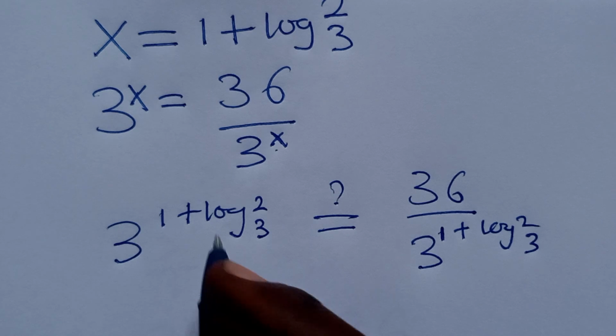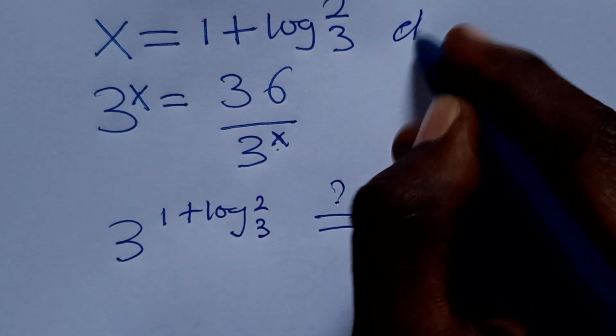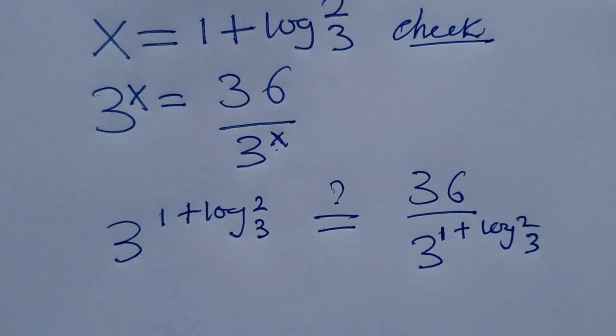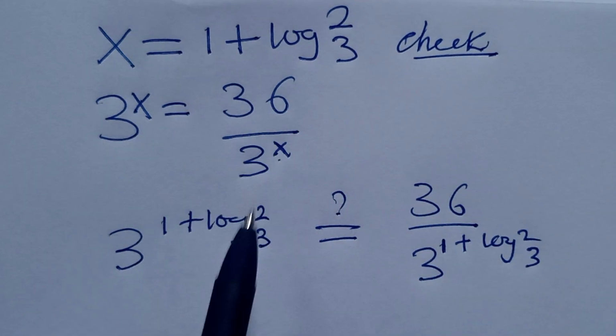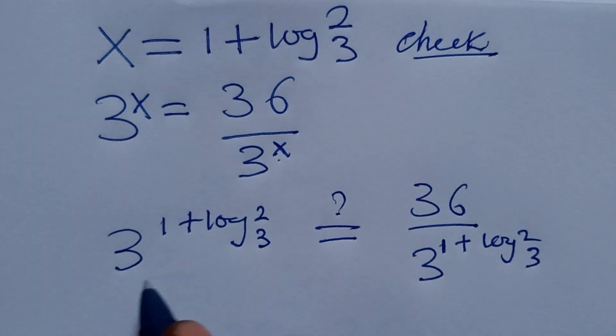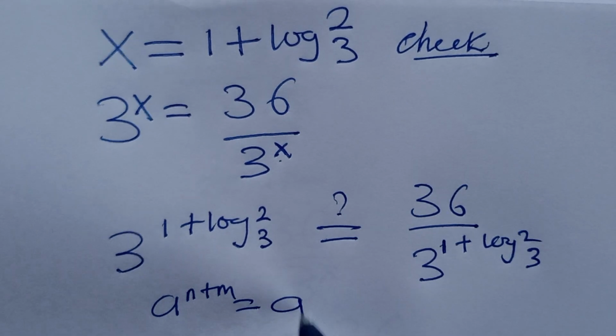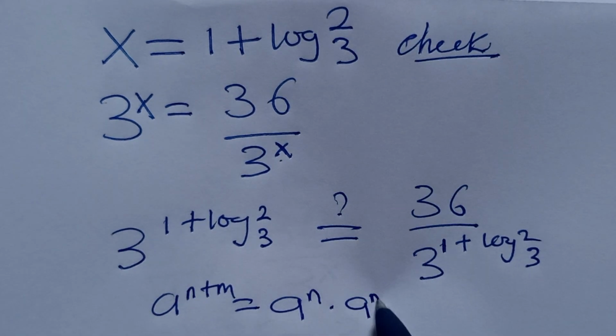So now what we are doing is actually checking to see if this is correct by substituting this value of x. When we have a to the power of n plus m, it is the same thing as a to the power of n times a to the power of m.